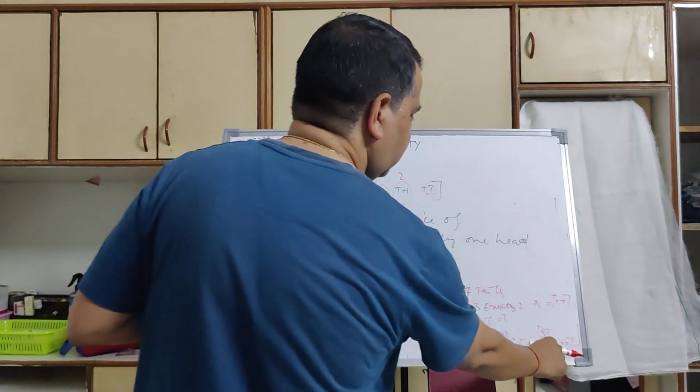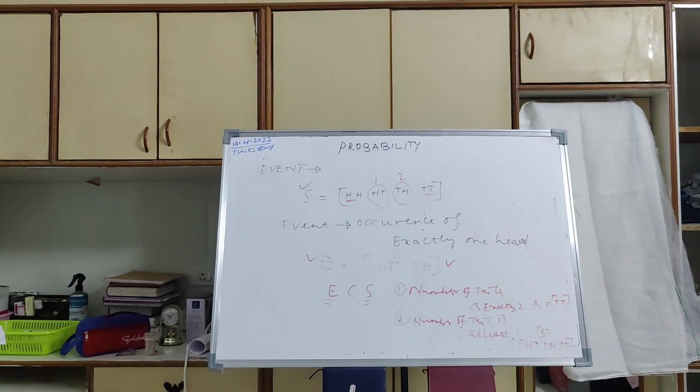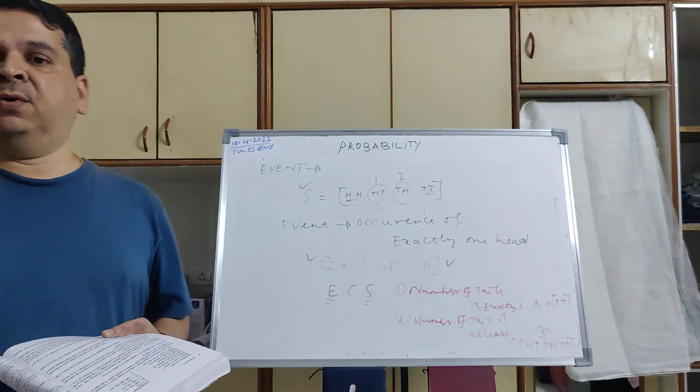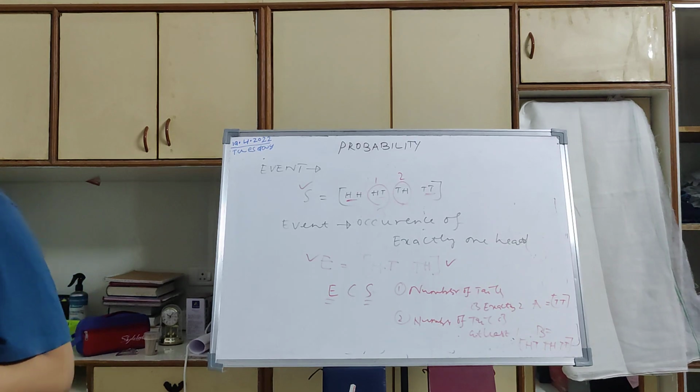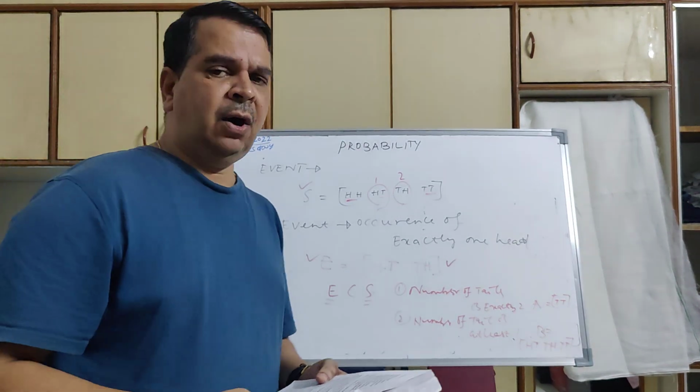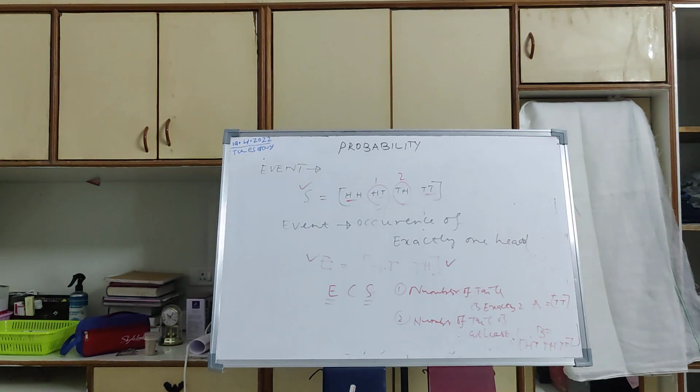But a combination of sample points, which is a subset of the sample space, is called an event. An event can have multiple points, but it will be a subset of the sample space. Now you understand the difference between outcome, sample point and event.